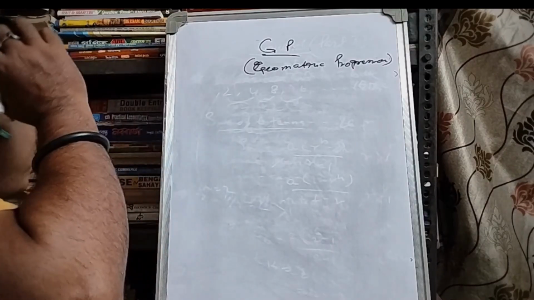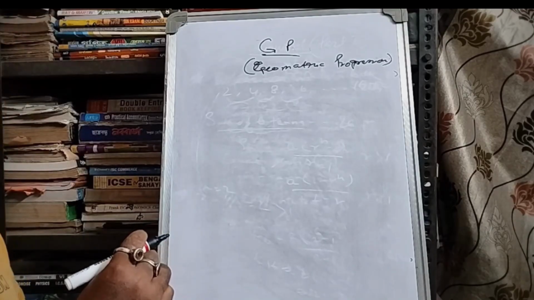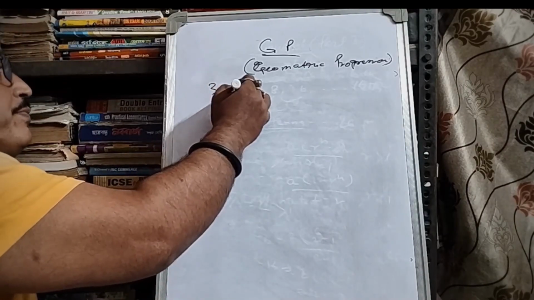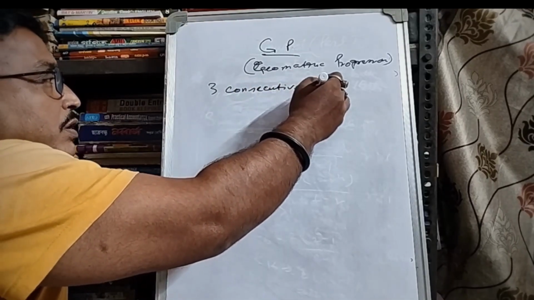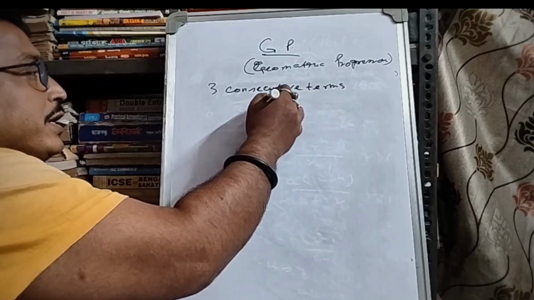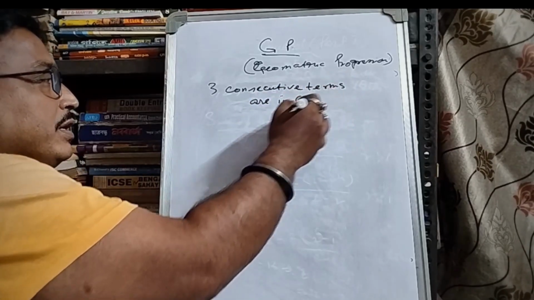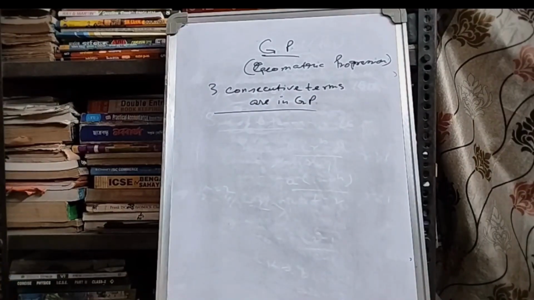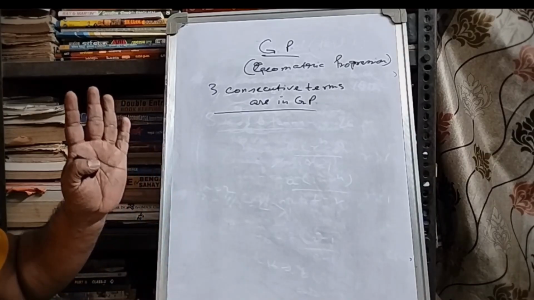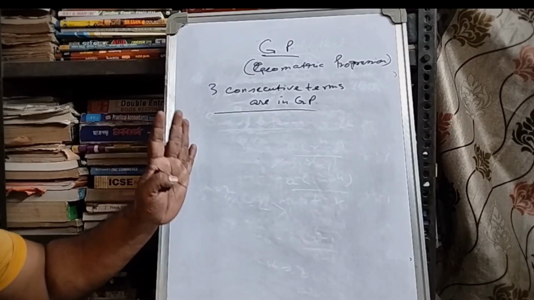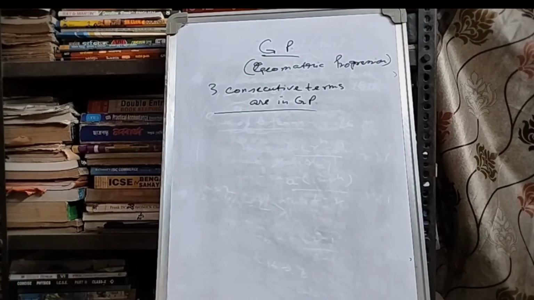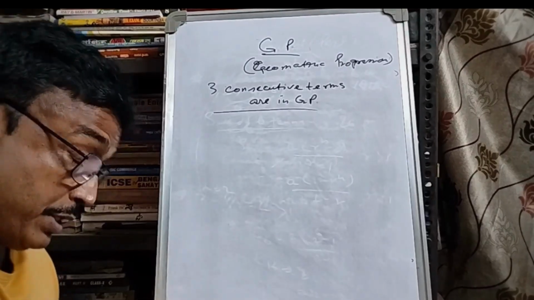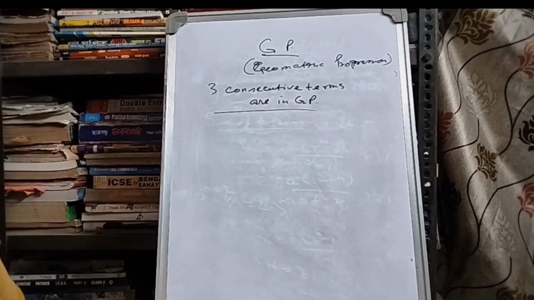When in your problem it is mentioned that 3 consecutive terms are in GP, that means 3 terms side by side, how can I suppose the 3 terms?